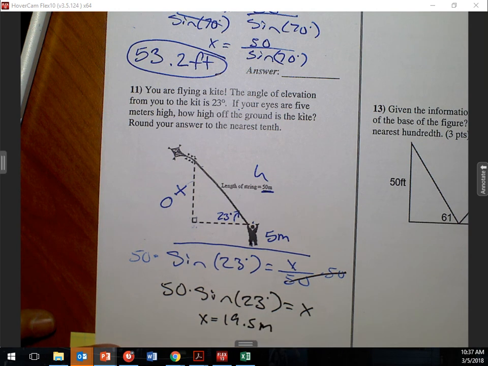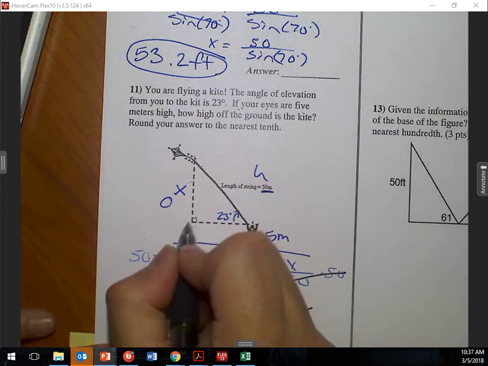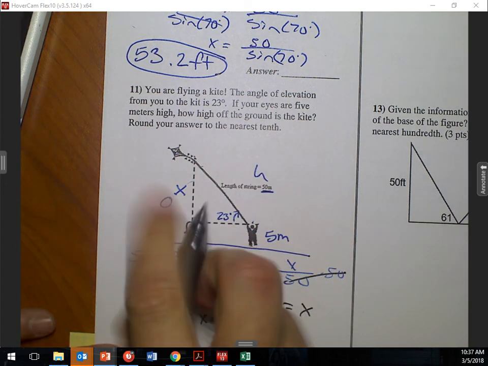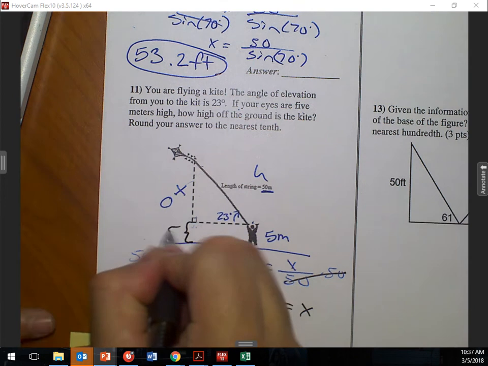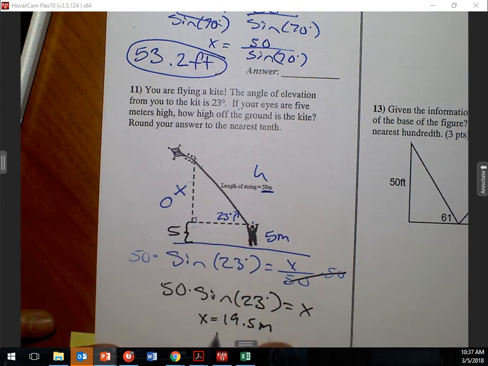And these are meters, right? And this is not my answer. What do I have to do to this answer? Add 5, because I have to add this height right here, which is 5. So plus 5. So it's going to be what? 24.5 meters.